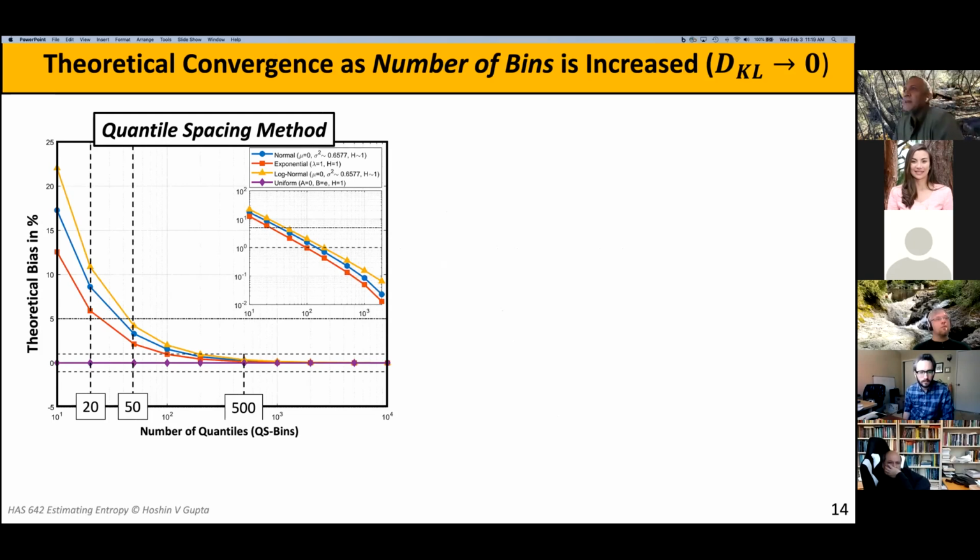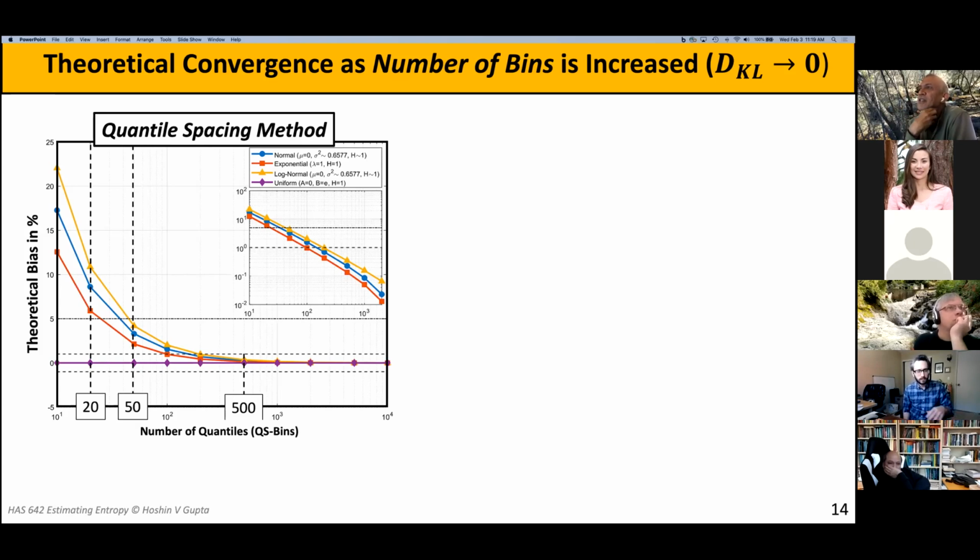And here are some numerical results using a theoretical density, using an approximation based on quantile spacings, where we just choose a number of quantiles, and then we use piecewise constant approximation and actually calculate that.